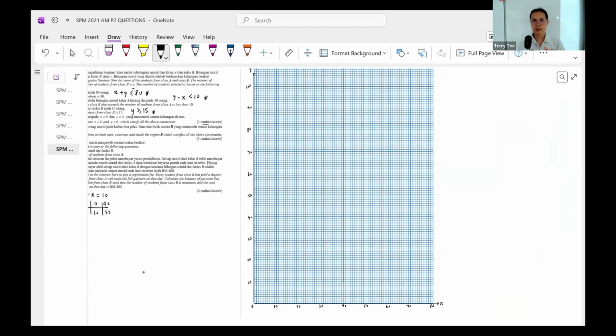Okay, so let's draw. Let's start with the first one. 0, 80, and 80, 0. So it's a straight line. Okay, one more time, my line is not so straight. Oh, the line is very awful.